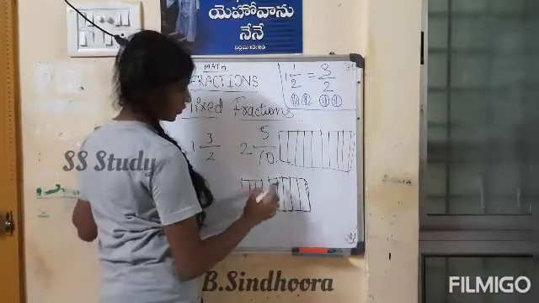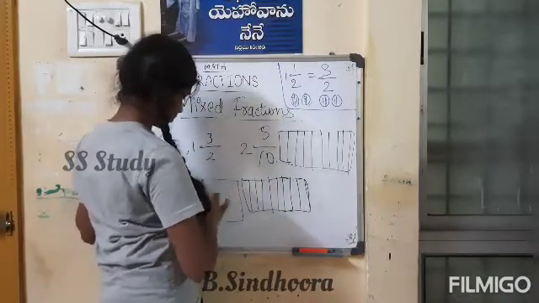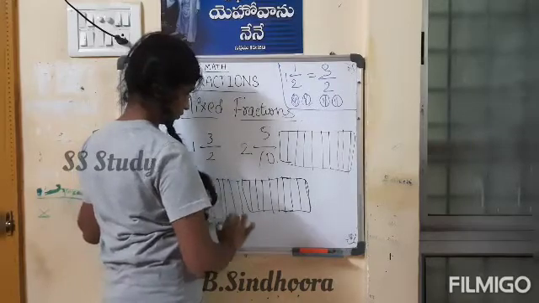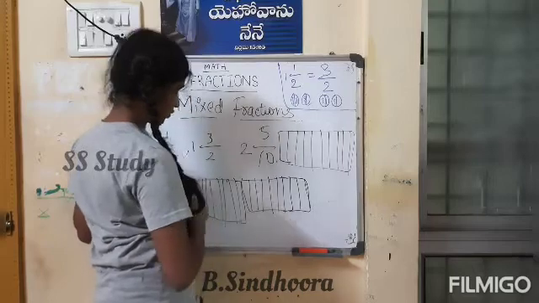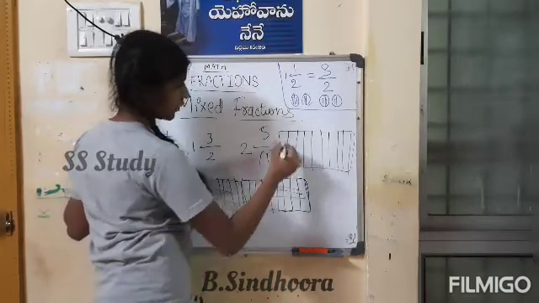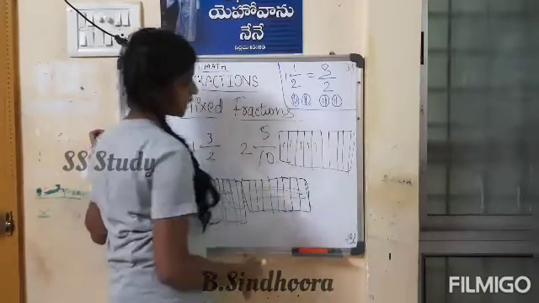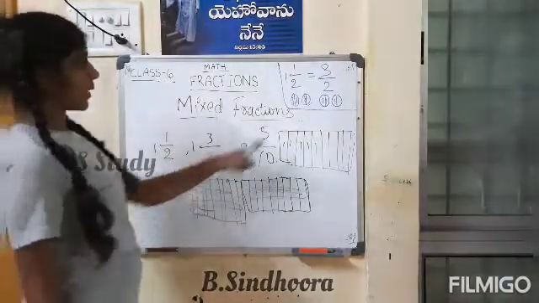So 2, right? Two are totally shaded. And 5, 1, 2, 3, 4, 5. This is the diagram of this. Same like this 1 by 2 I showed you here.